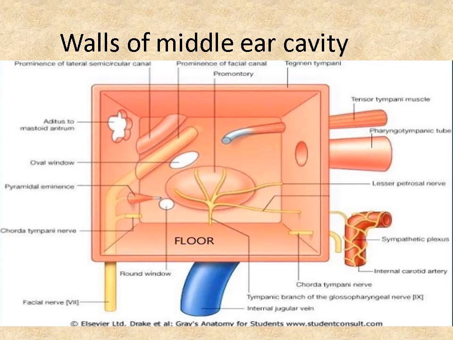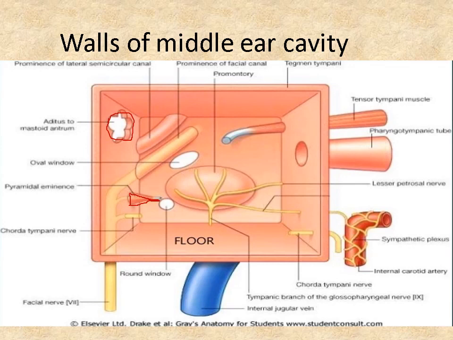What about the posterior wall? The posterior wall has 3 features. The first one is the aditus ad antrum. This one connects the attic to the mastoid antrum. The second feature is the pyramid for the stapedius muscle, and the stapedius tendon emerges from the tip of this pyramid and ends at the stapes.